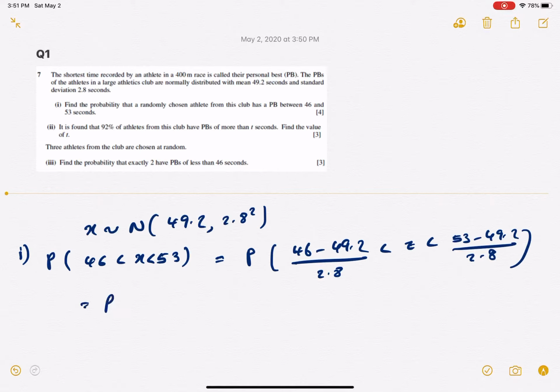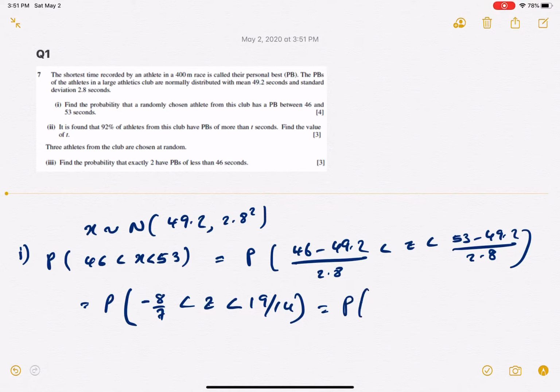So let's get the numerical values of these. This is minus 8 by 7 less than z less than plus 19 by 14.